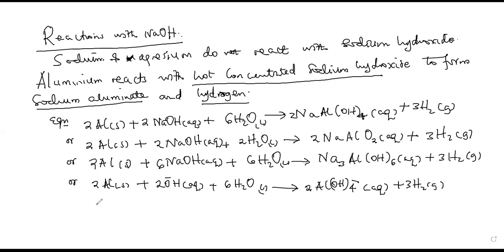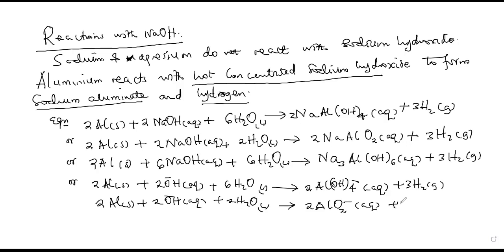You do the rest. You can say 2 aluminum, because they're solid, plus 2 hydroxide, plus 2 molecules of water. You're going to form 2 aluminate ions, aqueous, plus 3 hydrogen gas.